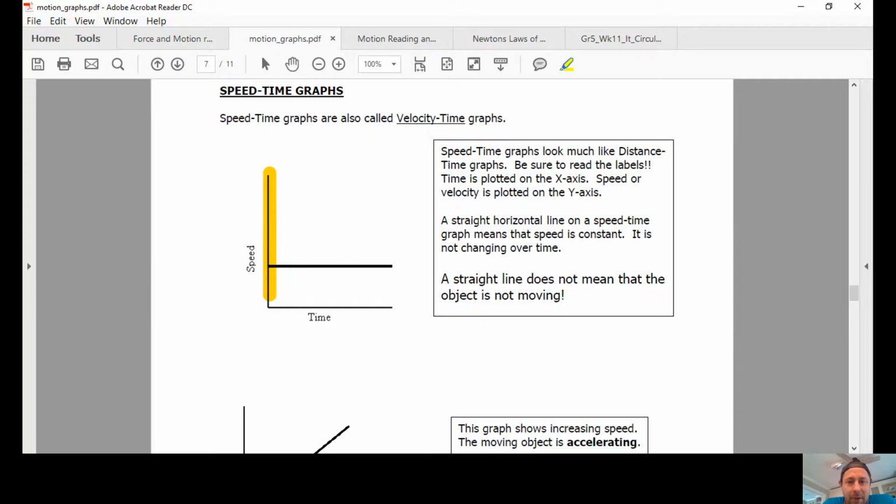Essentially, what that involves is we need to have distance, which would be miles, and a unit of time, which happens to be hours. All right. But with speed, if we look at this, a lot of us would consider this no movement whatsoever, but in fact, the speed is constant.